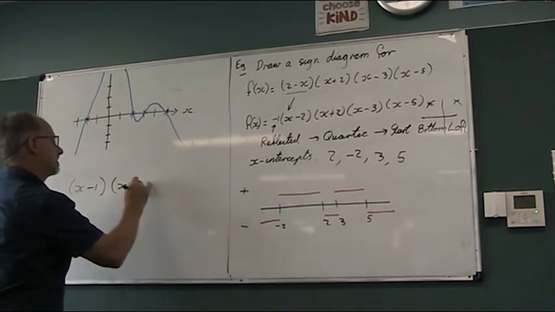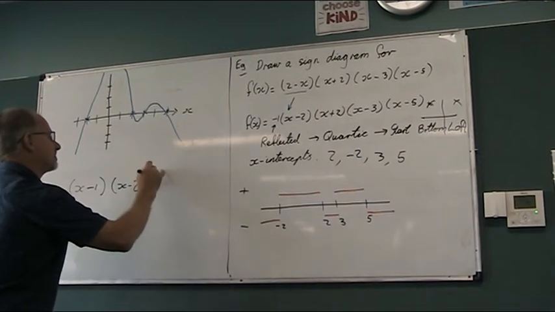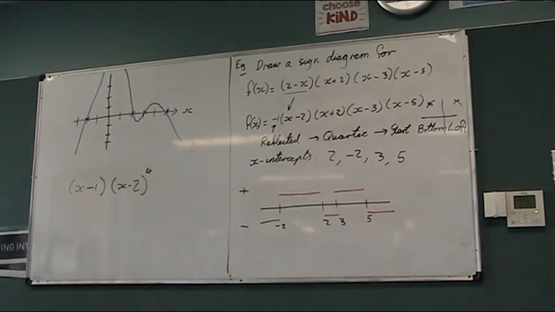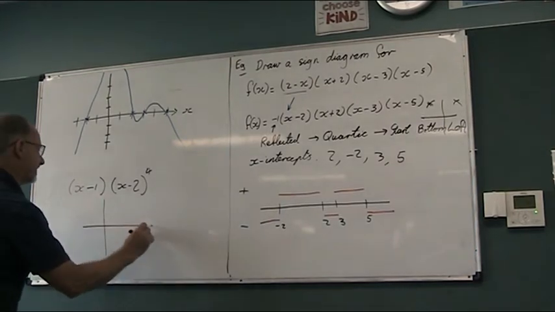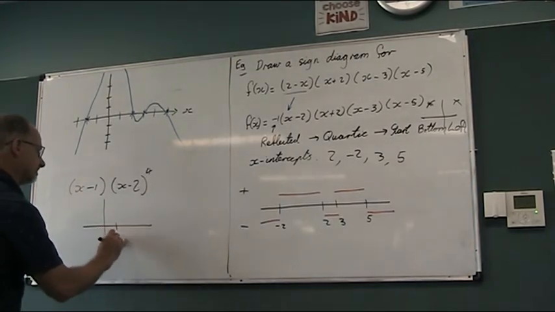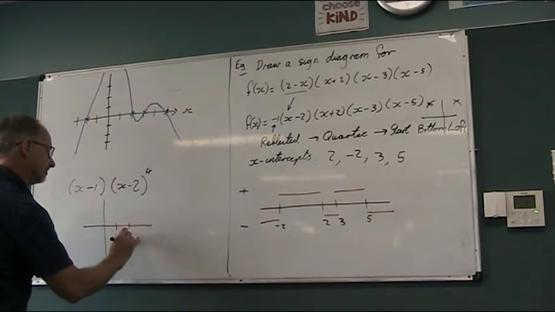So we've got x minus something, and this one's got a power of 4 on it. It's like a repeating factor, a repeating turning point.